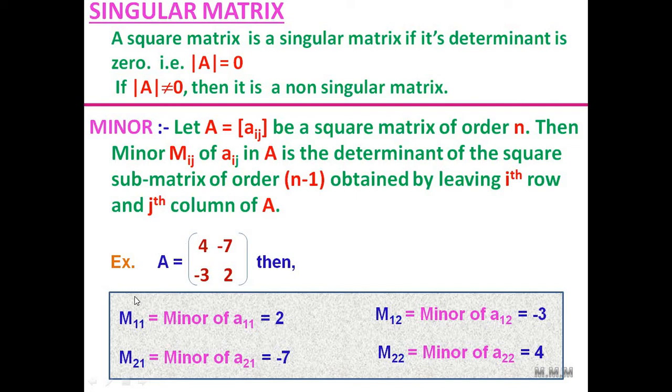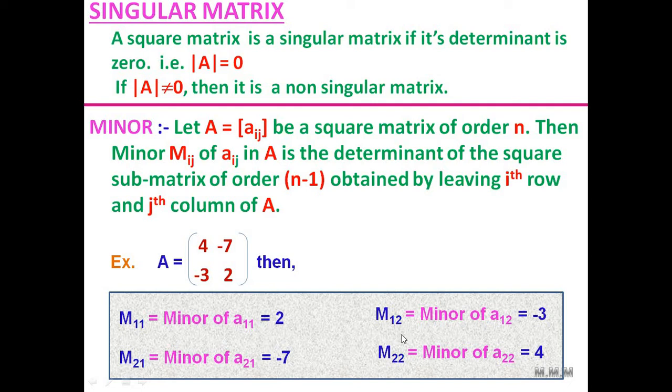If we are going to find M11, that means for a11, the first row and first column will be left, then only 2 will be left. It's a 1 by 1 matrix, and M11, that means the minor of a11, will be 2.